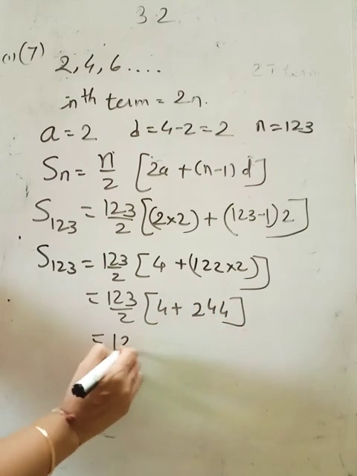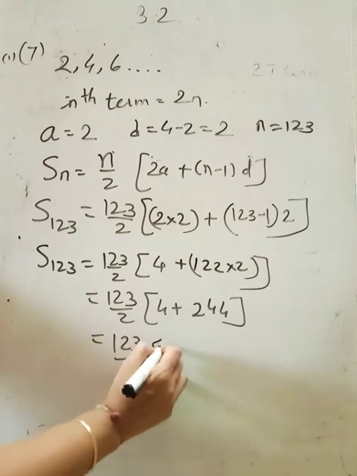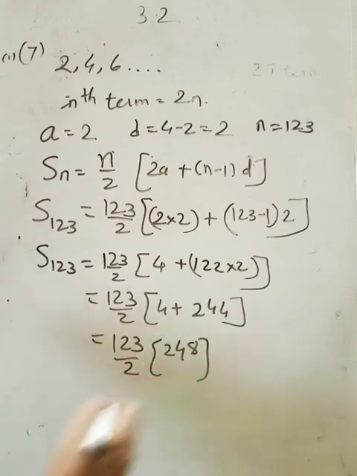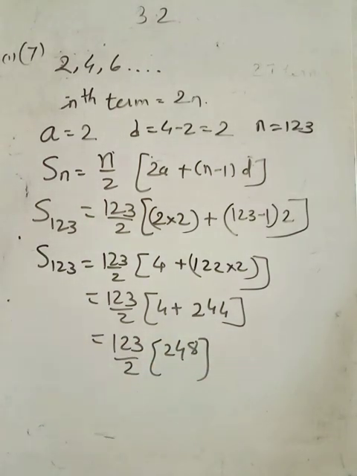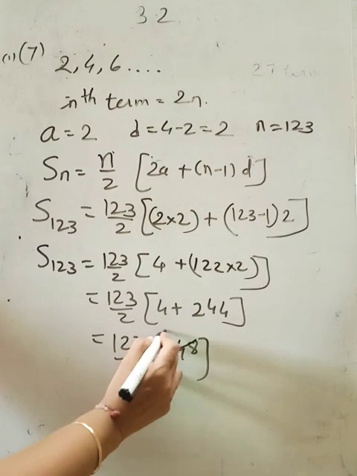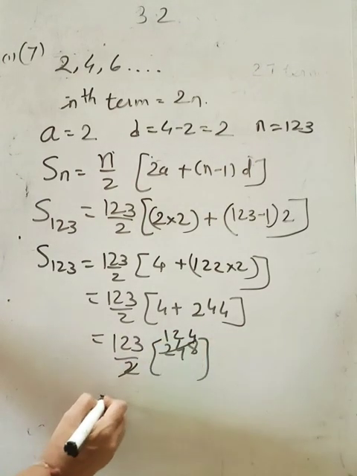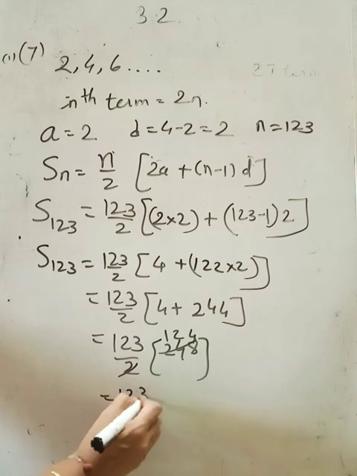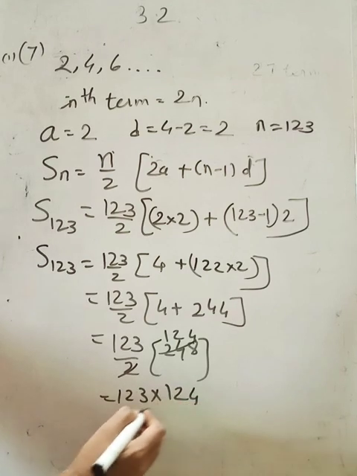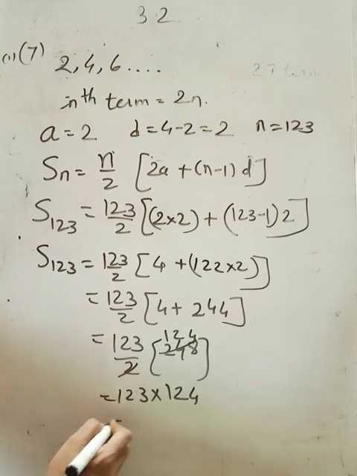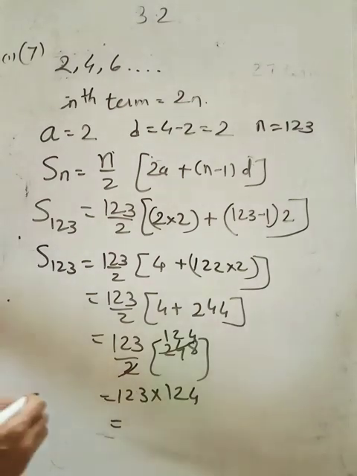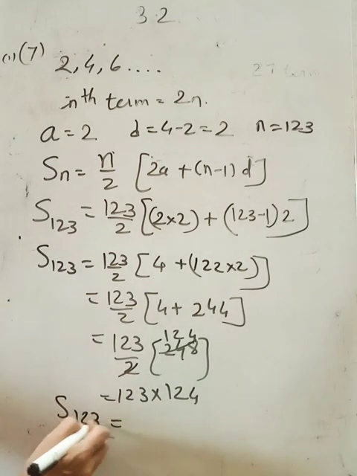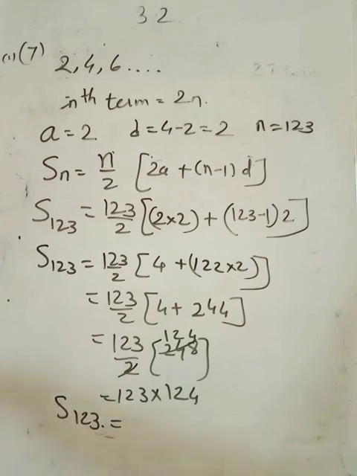Add 4, and you will be having 248. Correct? So now do the cancellation. Half of 248 is 124. So it is 123 multiplied by 124.